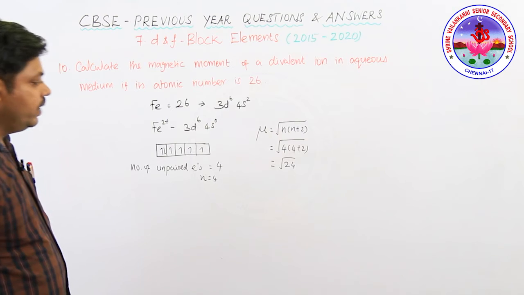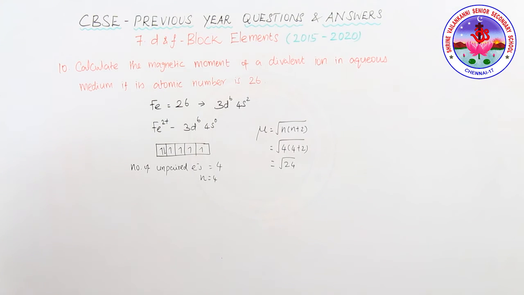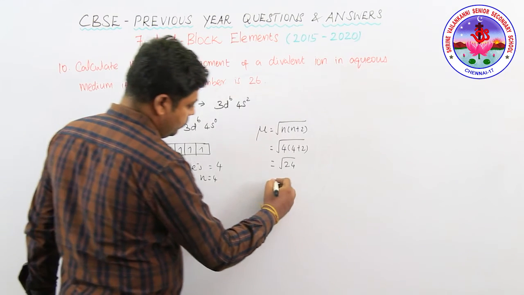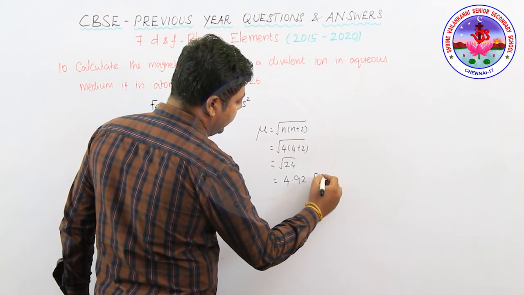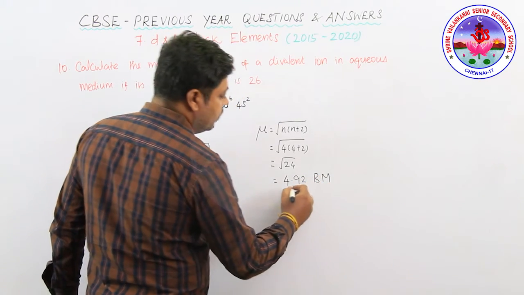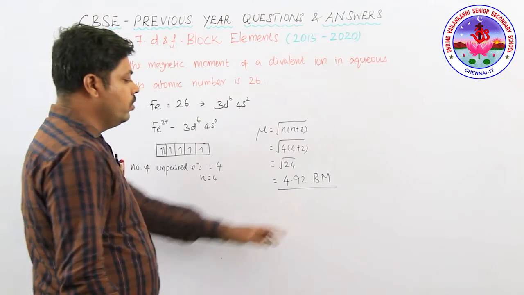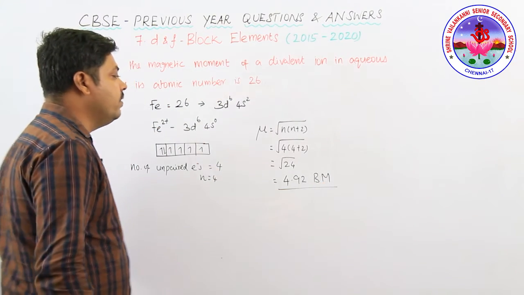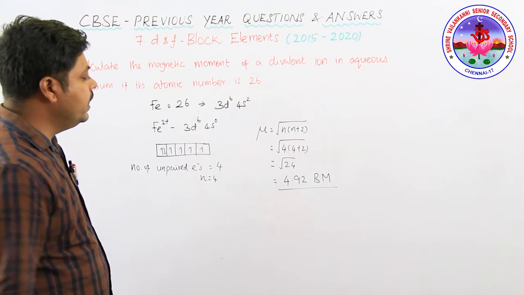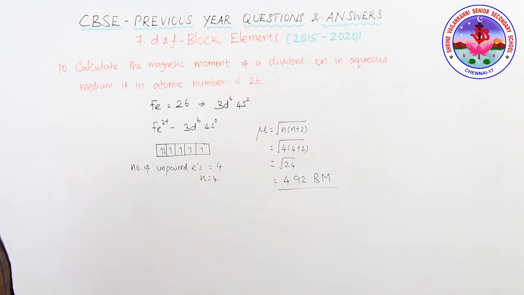Root 24 will become 4 point something, so 4.92 Bohr magneton. This is the unit. You have to show the unit. Mu is equal to 4.92 Bohr magneton.